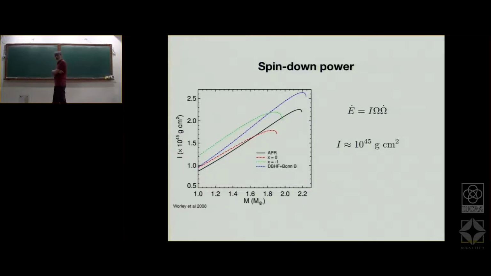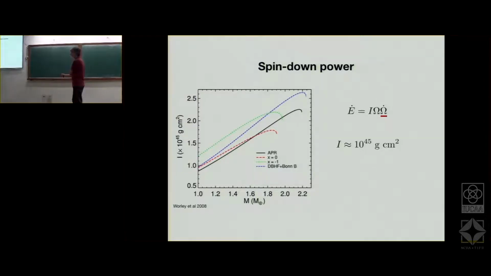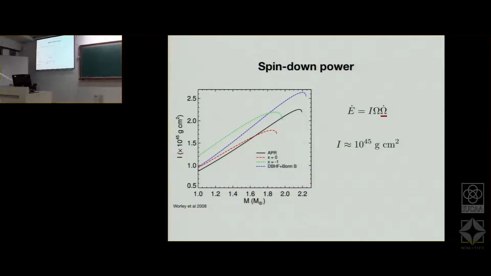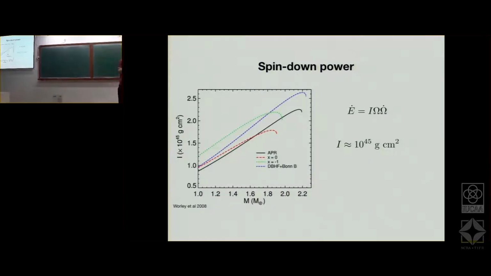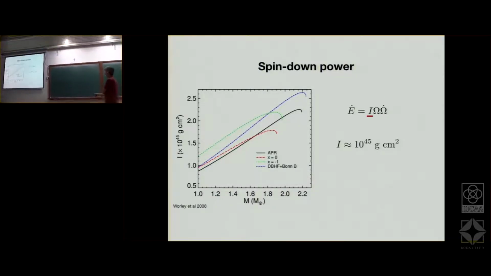Given the timing parameters, it is fairly easy to estimate the rate at which rotational energy is being lost from the pulsar. If you have the angular frequency omega and you have measured the rate of change of angular frequency, omega dot, then you take those two and multiply with the moment of inertia.